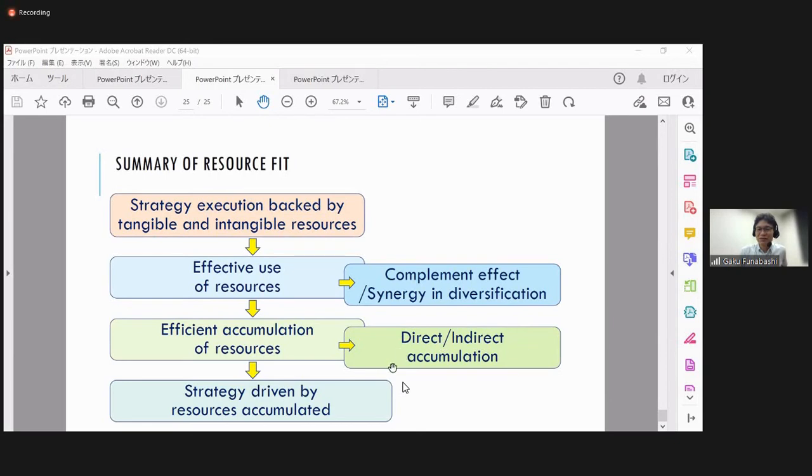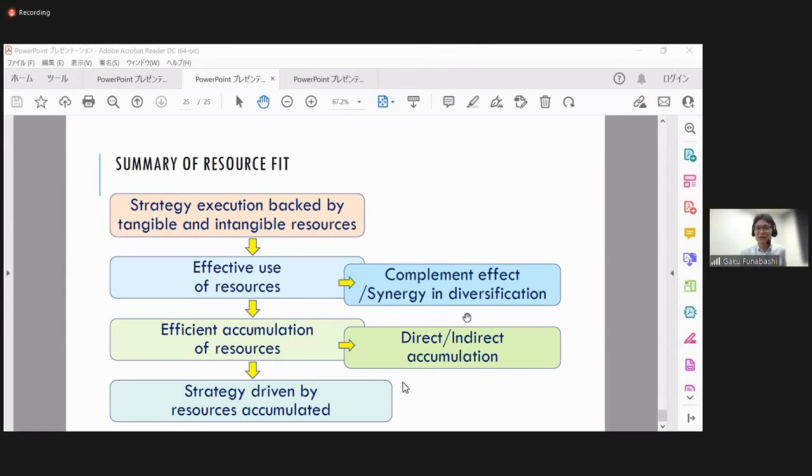So again, for the accumulation of resources, there are two kinds, direct and indirect. Indirect accumulation is very important because with direct accumulation, your competitors can do the same as long as they have money. If they invest, they can buy the same.